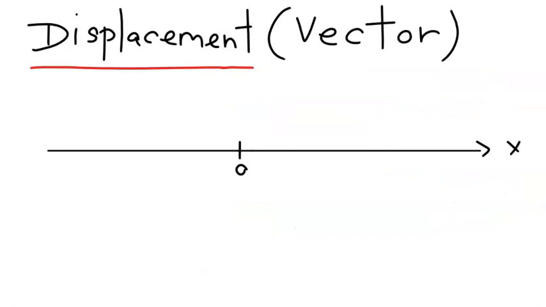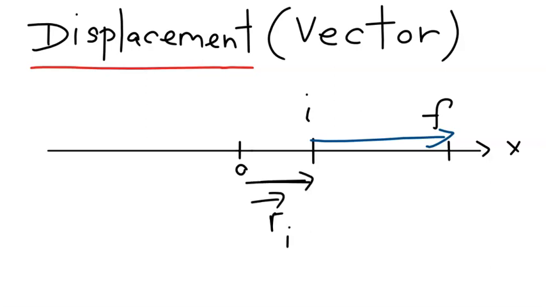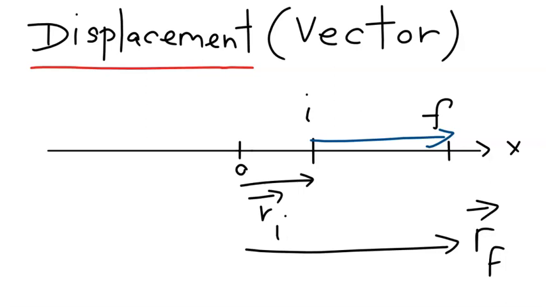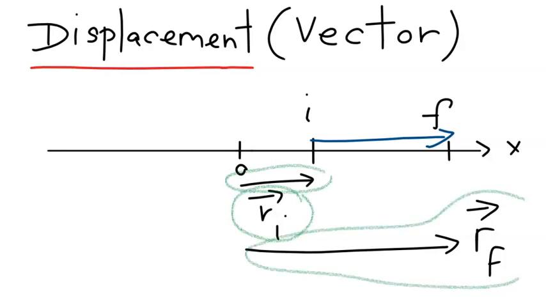Next, let's talk about displacement. Displacement is a vector, and it's defined as the change in position vector of an object as the object moves from an initial point to a final point. For example, if you have an object that moves from an initial point I to a final point F, as shown by that blue arrow, the vector r_i is the position vector of the initial point, and this is the position vector of the final point.